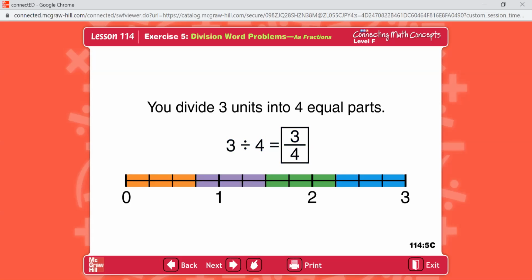Here's a number line that shows 3 units divided into 4 parts. 1 unit, 2 unit, 3 unit, divided into 4 parts. You can see that by the color orange, purple, green, and blue. You can also see that each part is 3/4 of a unit.